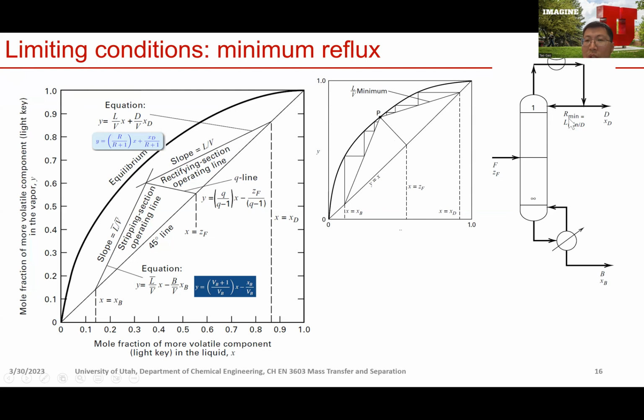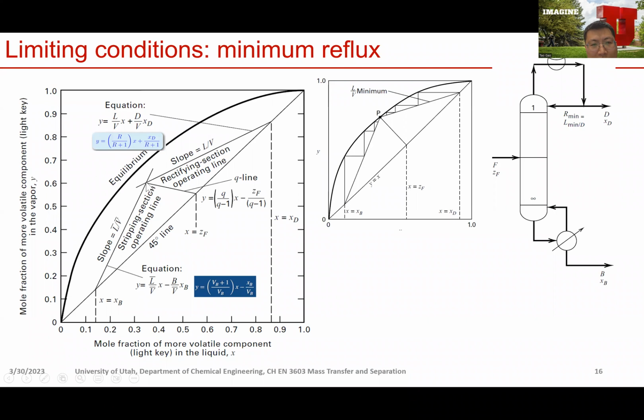So the actual minimum reflux ratio to achieve the desired separation outcome can be obtained when you decrease the reflux ratio, you decrease the slope.